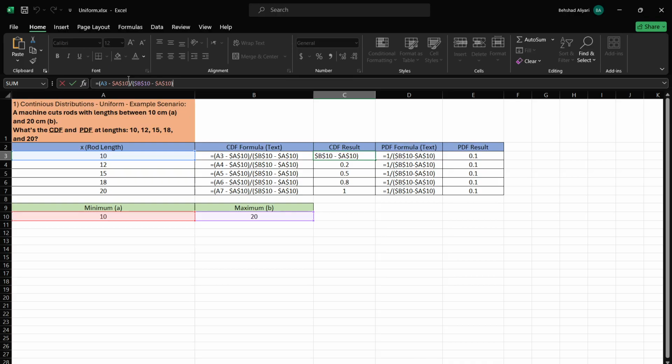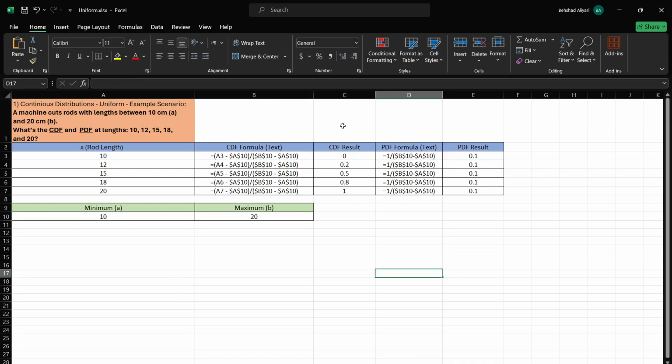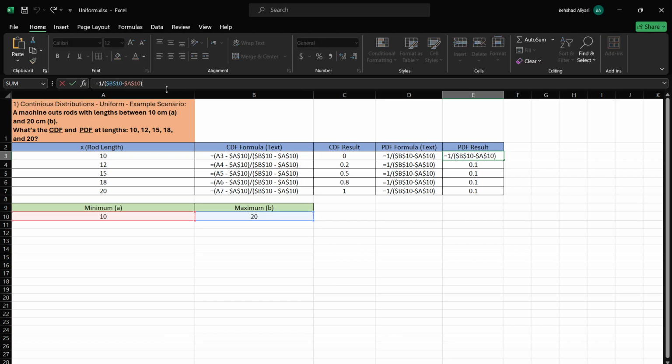Then these two will be divided by each other, and the result will be given to us. As you can see right here, the CDF was given to us, which is 0. We can do this for all of them. To find the PDF, which is very simple, all we need to do is divide 1 over 20 minus 10, which is our maximum minus minimum, or B minus A, which would equal 0.1. This is the same for each of these questions.